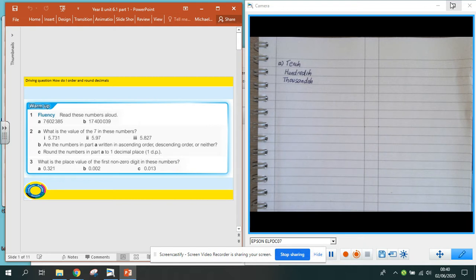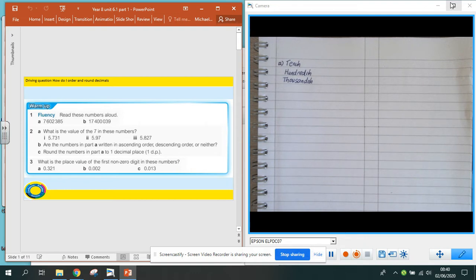Are the numbers in part A written in ascending order, descending order, or neither? Right, okay, so let's have a look at them. The first number, the ones number in each case, is a 5, so that doesn't help us. The next number over, the tenths, because remember this is how we do it. We start on the furthest left of the number and work our way across.